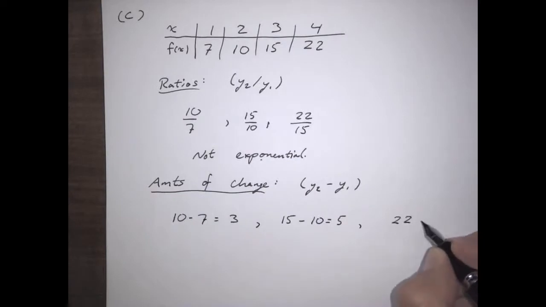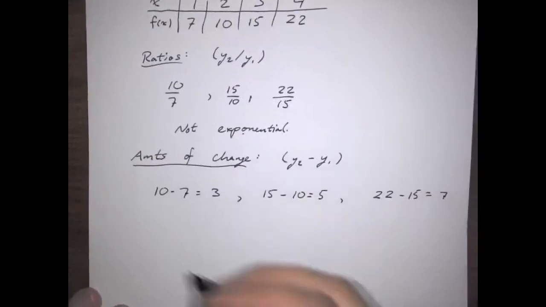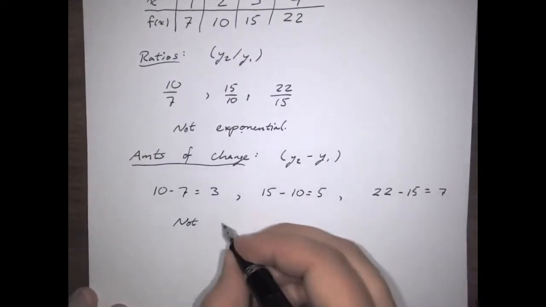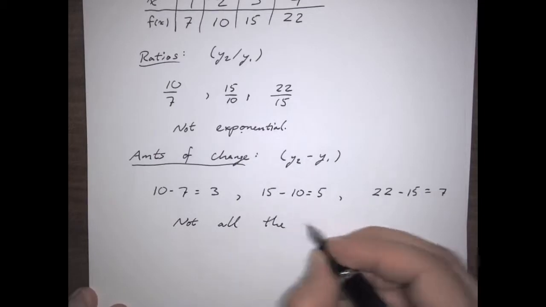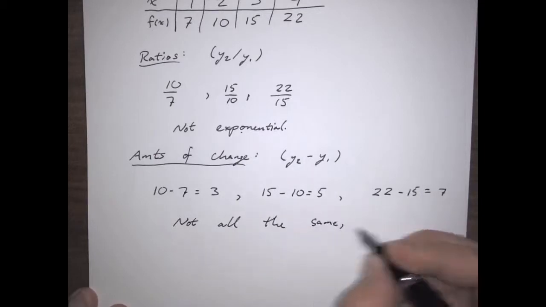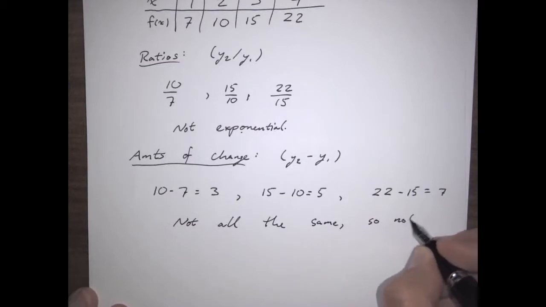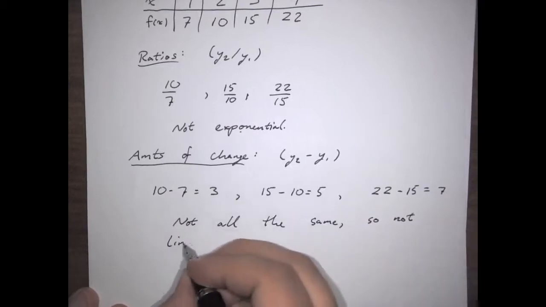And 22 minus 15, which equals 7. And they're not all the same. So, not linear.